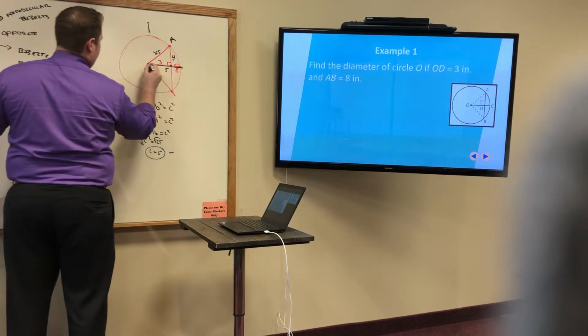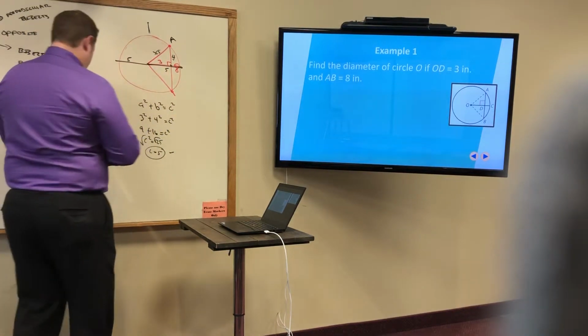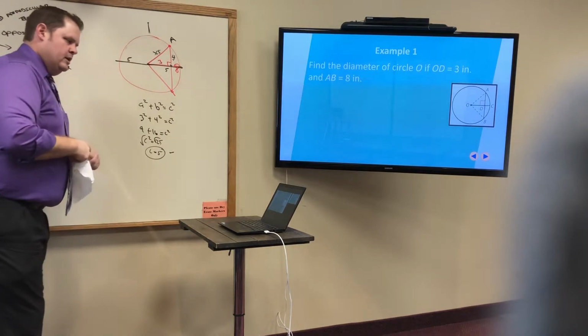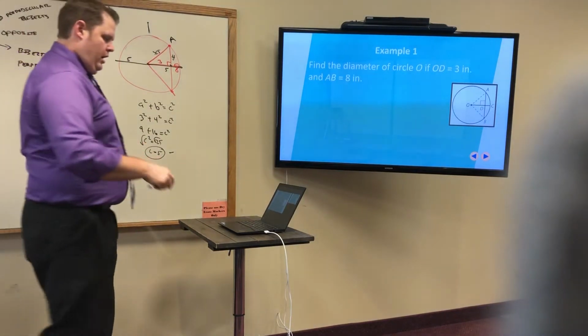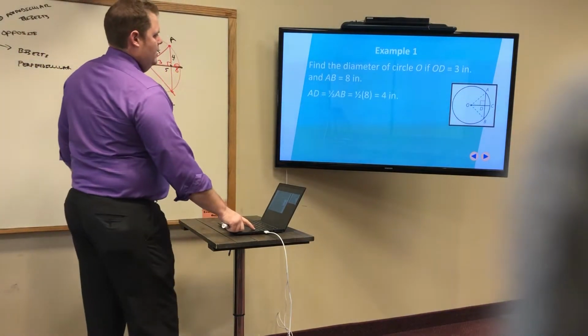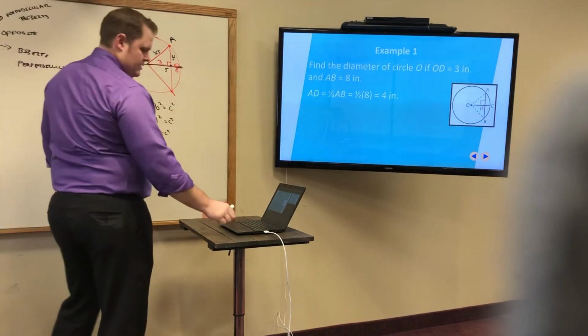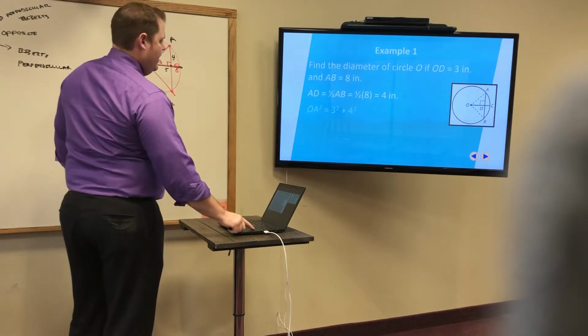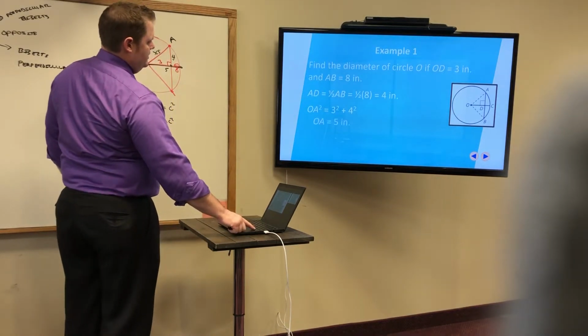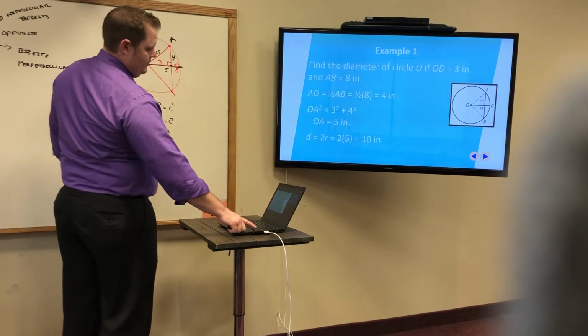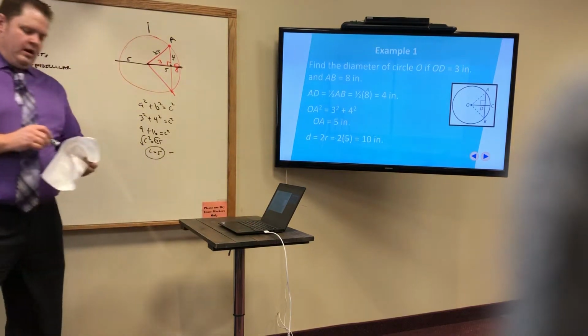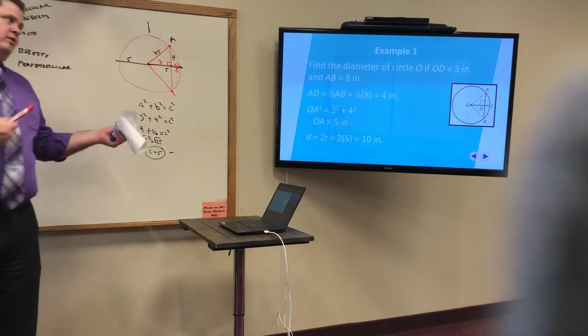This whole thing's 5. So this is 5. So 5 plus 5 is? Very good. 10. All right, so let me show you their work, how they do it. They find AD, which is this distance here, and they find it to be 4. Then they put it into a squared plus b squared, give you 5, times it by 2 to get your answer. All right, so that's how you would find the diameter in this case.